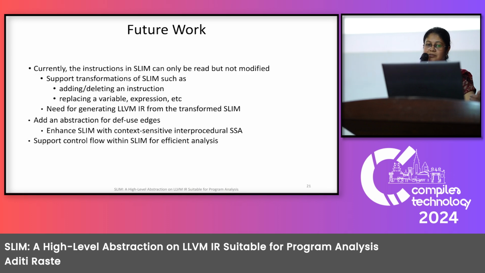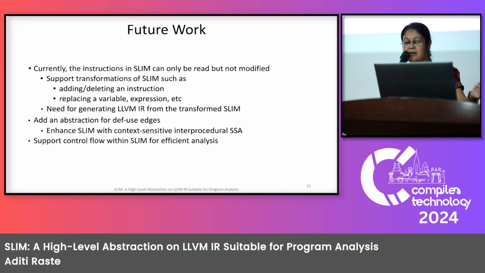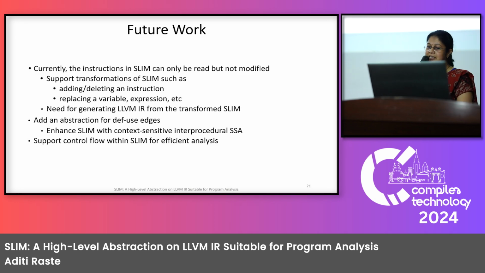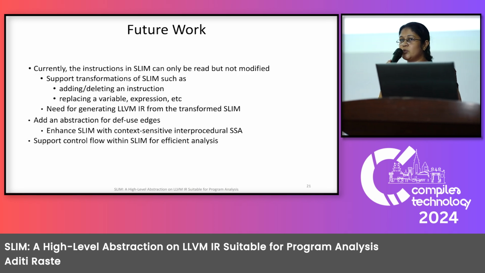Future work also includes adding an abstraction for diffuse edges and enhancing SLIM with context-sensitive interprocedural LFCPA. We have seen discussion on this in the morning session. I'm referring to the talk by Preetham and Supriya. Currently, SLIM is using the control flow provided by LLVM. So we want to extend SLIM in order to support control flow for efficient analysis.